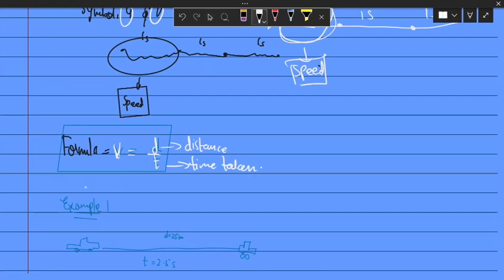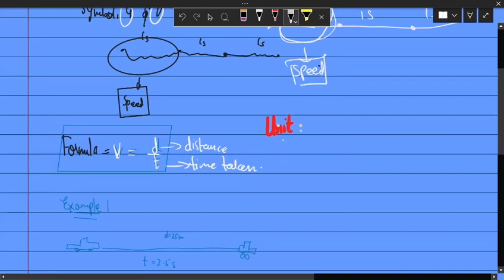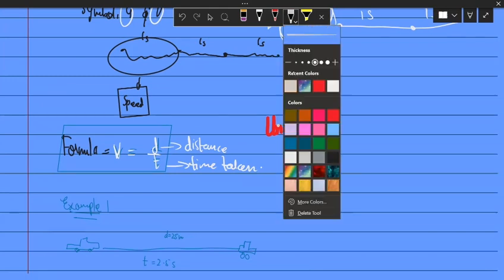And what is the unit of speed? The unit of speed is m/s, meaning meter per second. So this is the unit.